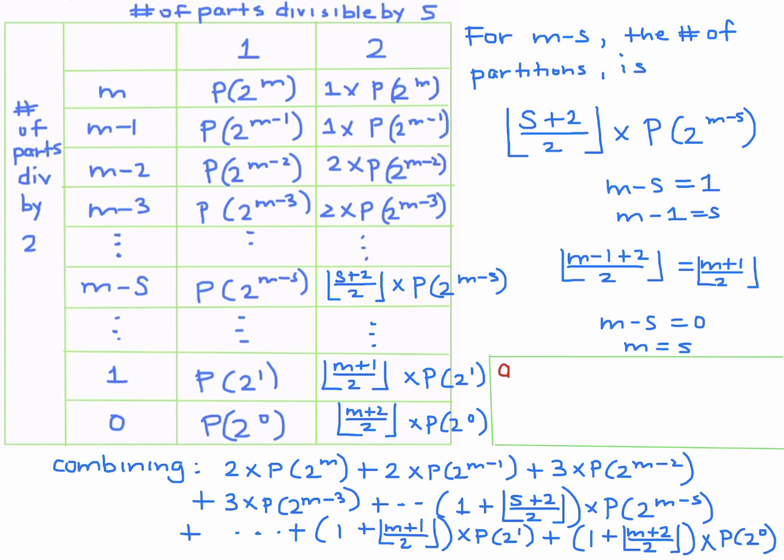So, summarizing, a0 is 2, a1 is 2, as you can see, 2 and 2 there, a2 I should say, is equal to 3, this guy right here, a3 is equal to 3, and we have a general term, as, and that is equal to 1 plus s plus 2 divided by 2, the integer value.